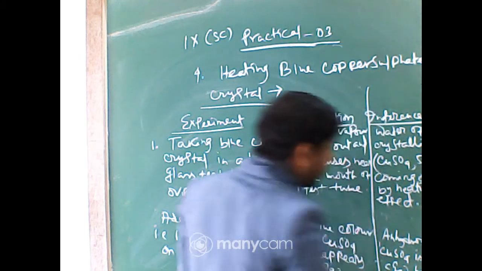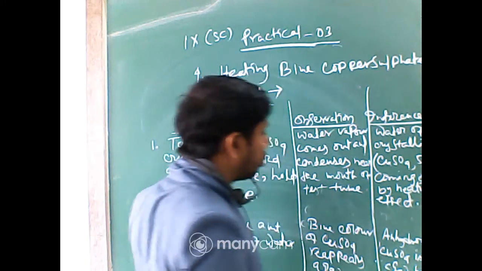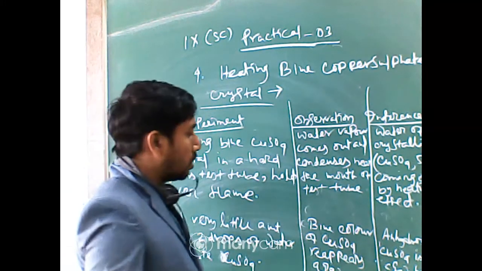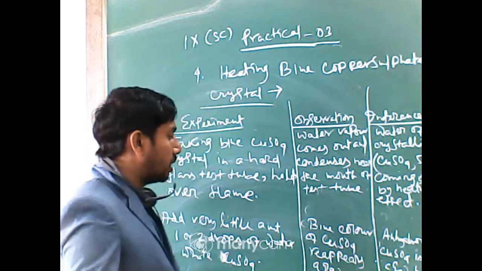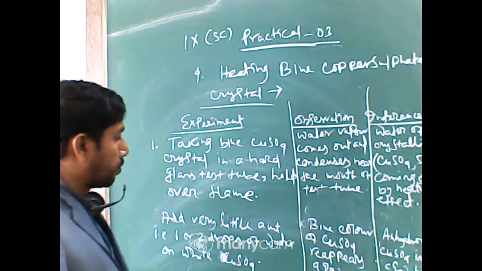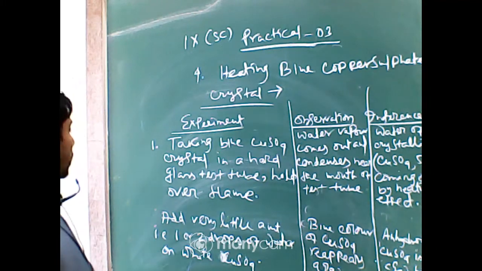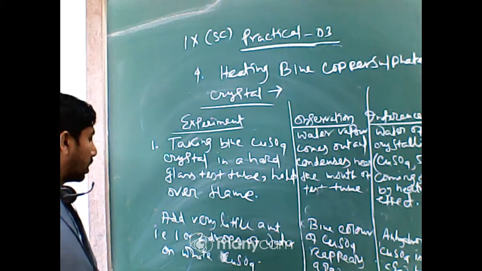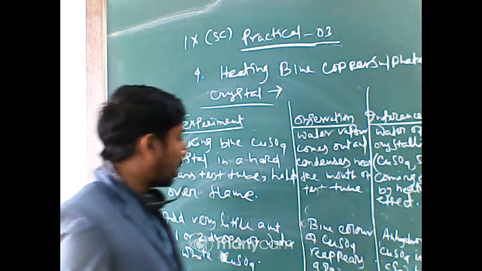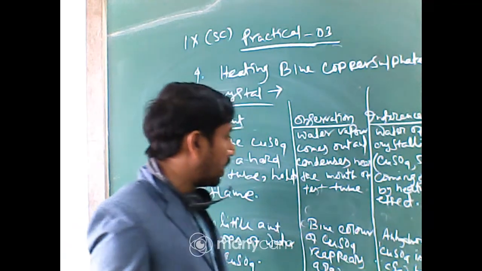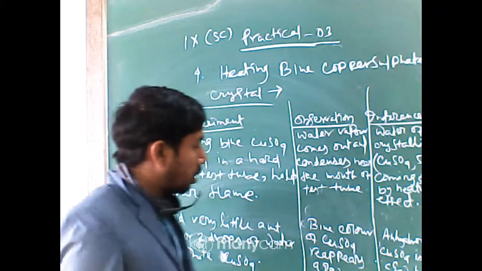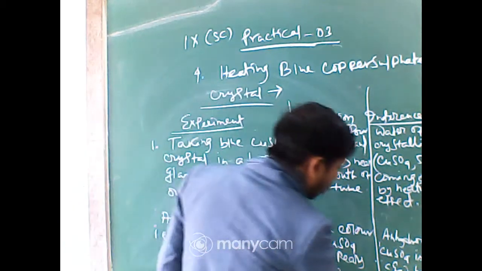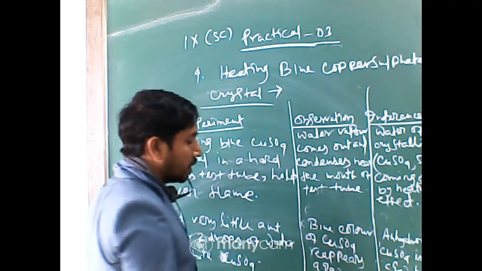Anhydrous, A-N-H-Y-D-R-O-U-S, is again hydrated. Okay, so in the next step, add a very little amount of water, the blue color of copper sulfate reappears again, anhydrous copper sulfate is again hydrated. And you have to write one conclusion statement here.